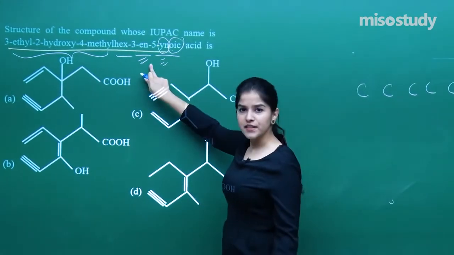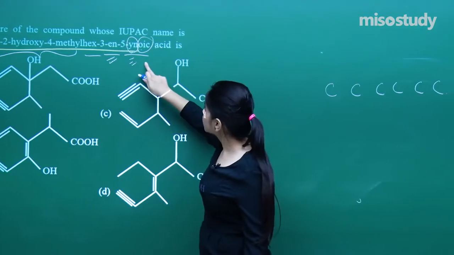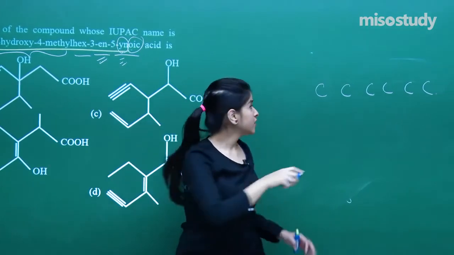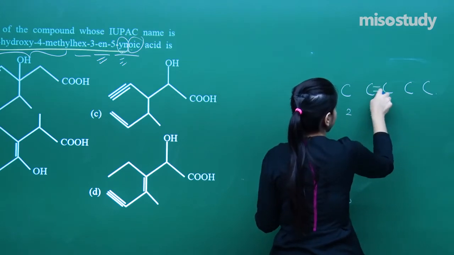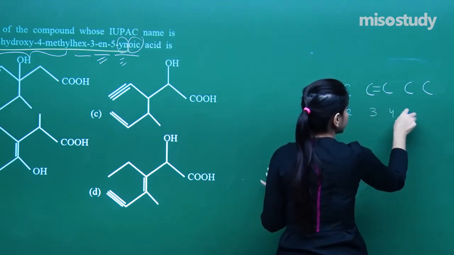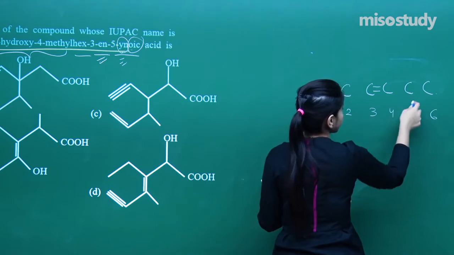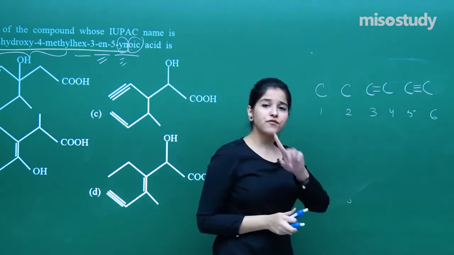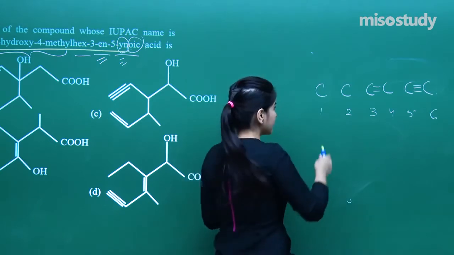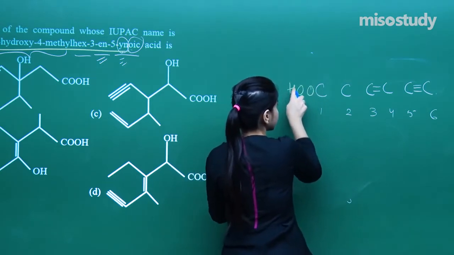On to the 3, it's a double bond. On to the 5, it's a triple bond. So on to the 3, 1, 2, 3, it's a double bond. On to the 5, 4, 5, 6. So on to the 5 I have got a triple bond. What else? On to the first carbon, it's oic acid. That means it should be COOH.